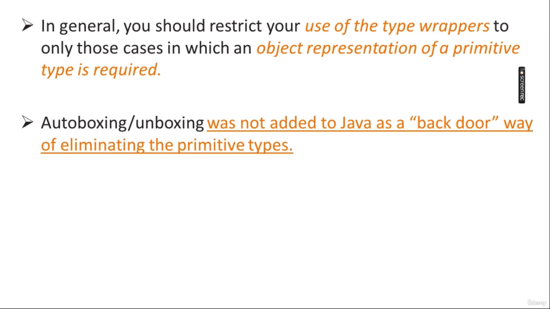Eliminating primitive types would mean that whenever a primitive type is required, you could not use it directly, but you cannot skip or eliminate it. Whenever the primitive type is the best choice, you can use the primitive types. And whenever object representation of the primitive type is required, you can use the wrapper class.